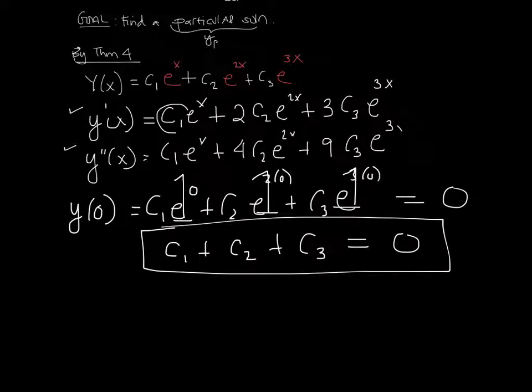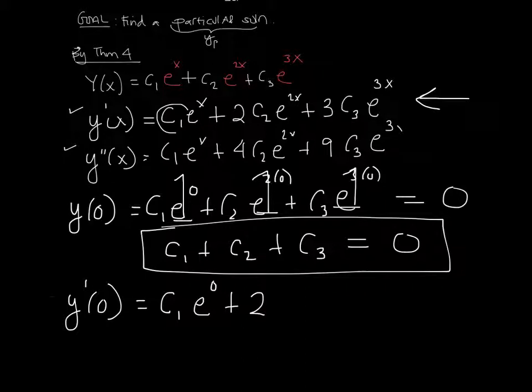Now let's do the same thing with y prime of 0. There's my y prime of x. So y prime of 0 is c1 e to the 0 plus 2c2 e to the 2 times 0, and I'll just write 0 because anything times 0 is 0, plus 3c3 e to the 0.